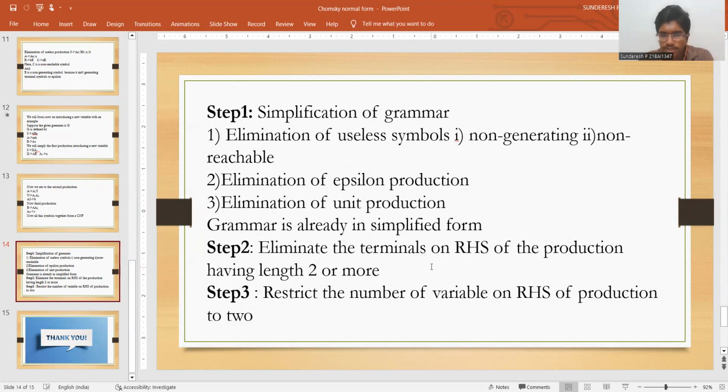That is, we will convert the small variables to capitalized variables. And step 3, and this is an important step, please remember it, will be restricting the number of variables on the RHS of the production to 2. We'll be replacing 3 variables by another variable like that.